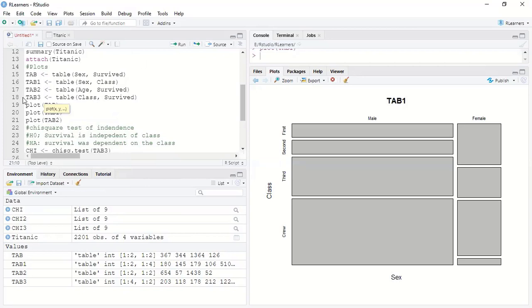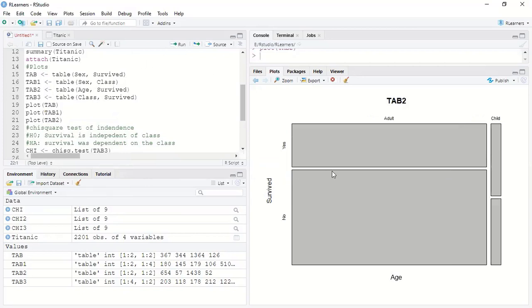Tab 2 is on age and survival. Let's see. So age, adults. More adults died proportionally compared to children. That's obvious because there were many adults, as you can see. So this gives you the size. The adults were more than the children.